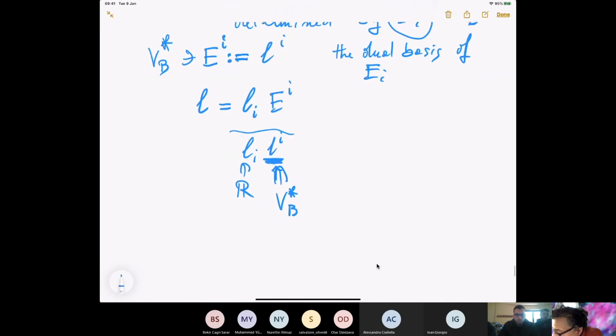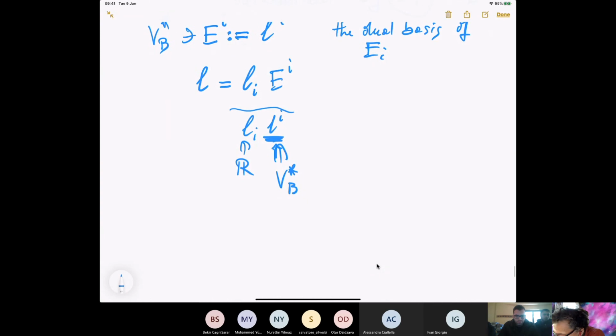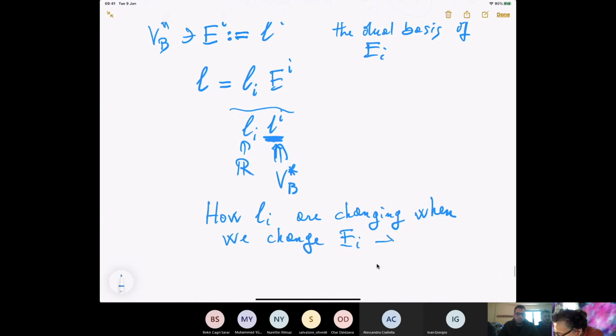Okay, so now the problem is how L_i are changing when we change e_i into e'_j.